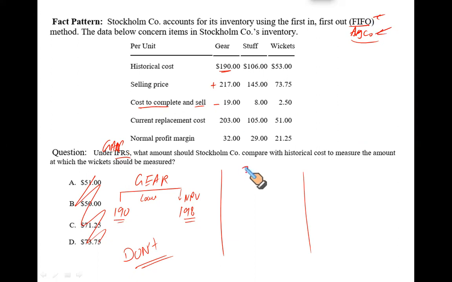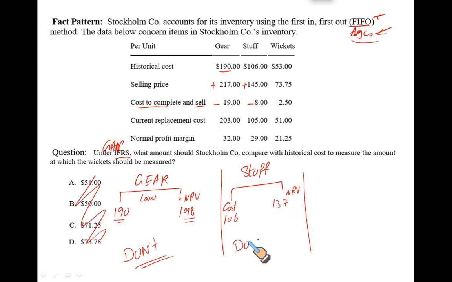What about the stuff? Let's do the stuff now. We have cost on one end, which happens to be 106, and we have the NRV on the other end. What is NRV? Selling price minus cost to complete and sell. 145 less 8 is 137. Again, cost is less, NRV is more. We always take what is less. So in this case, we are not going to do anything.